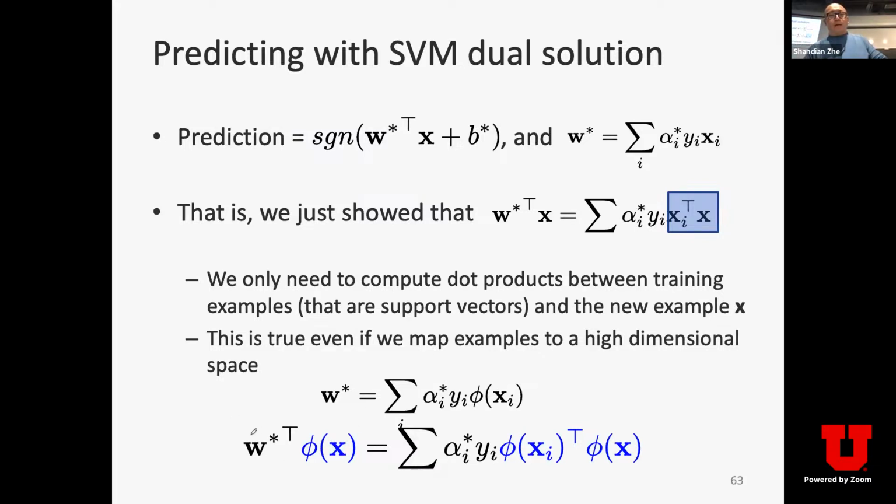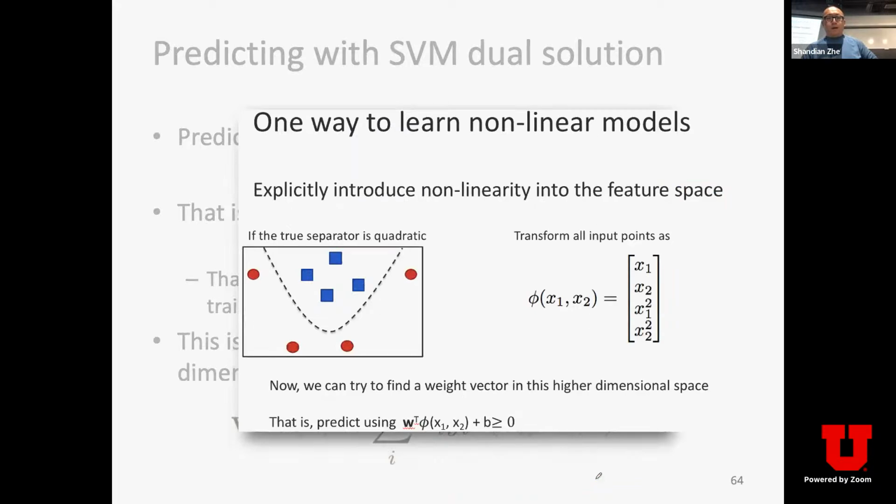Then you calculate the classification score in the same way: the dot product between W star and the mapped feature vector, which is just a linear combination of the dot products between every mapped feature vector phi xi and phi x. And phi can be whatever feature mapping you choose.